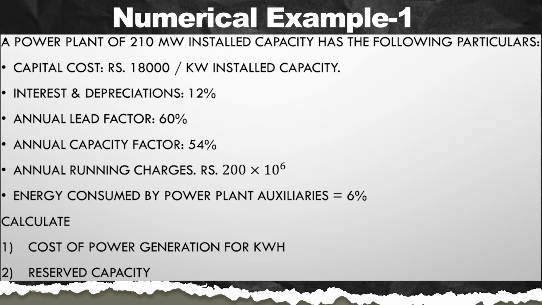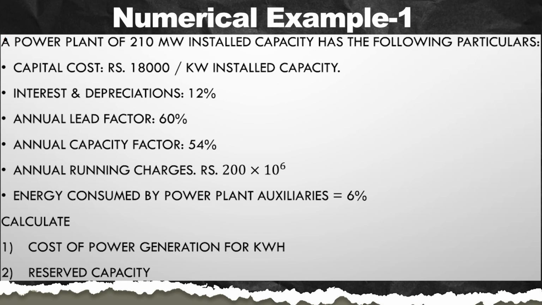To get the cost of power generation, we take the ratio of annual cost to the energy produced, so we get it in rupees per kilowatt hour. And reserve capacity we have defined as the ratio of installed capacity to the maximum demand.